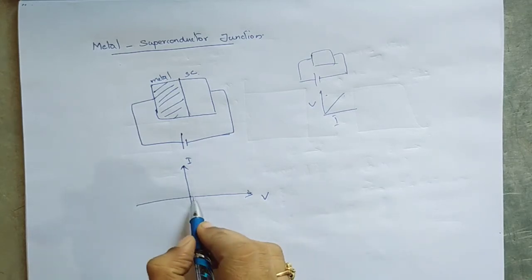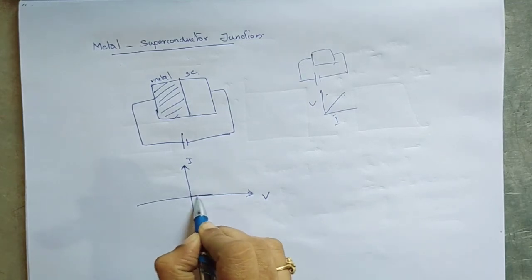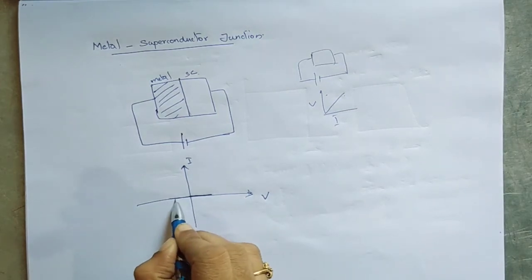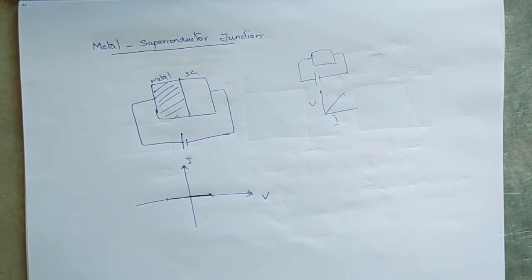Up to a certain value of the voltage, the current is 0, both in the positive direction and in the negative direction. Up to a certain value, I is 0.